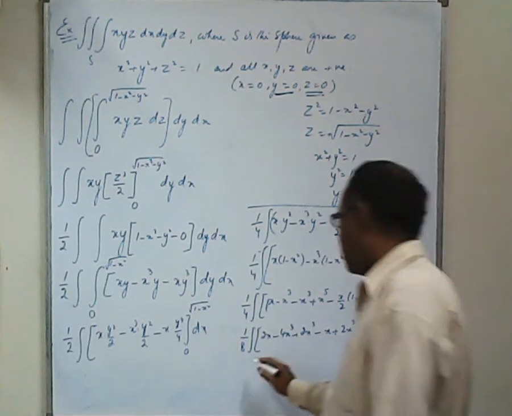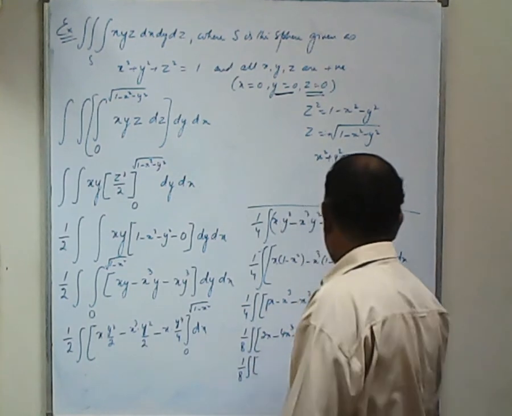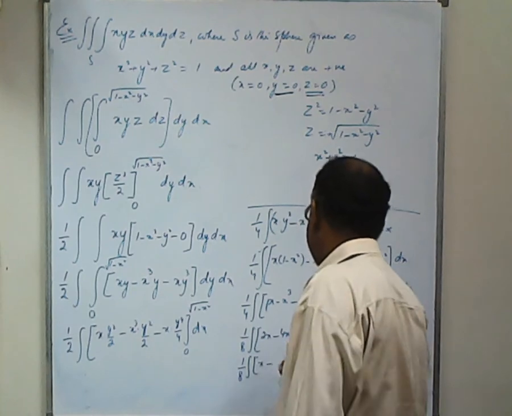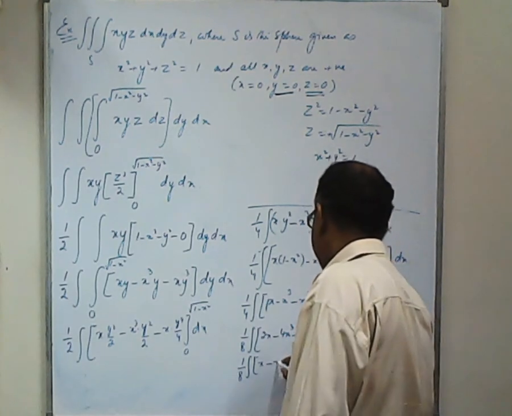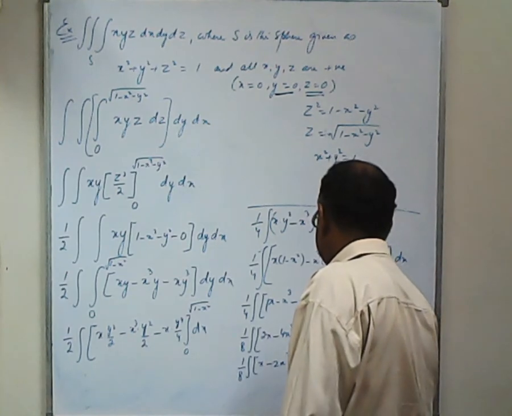So in simplified form we have 1 upon 8 integral, then we have 2x minus x is x, minus 4x cube, 2x cube is 2x cube, 2x power 5, x power 5 is plus x power 5 dx.